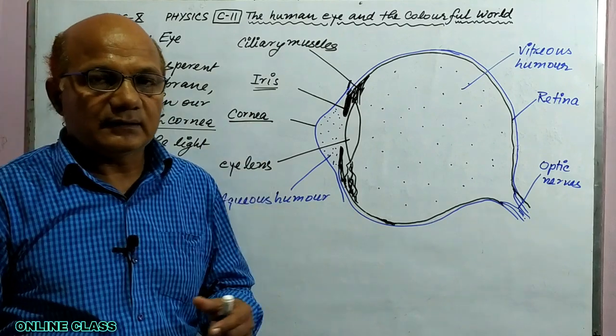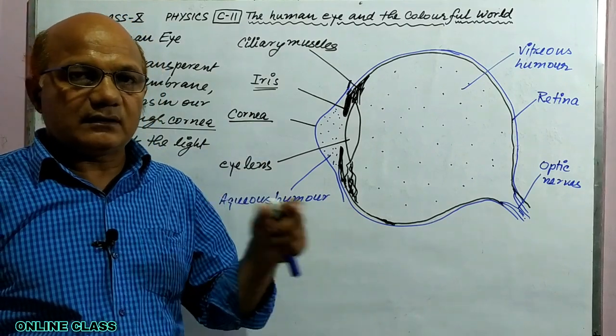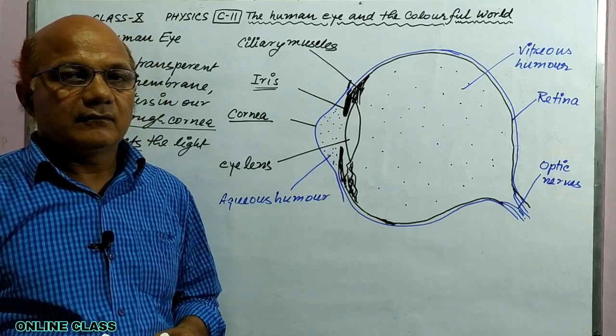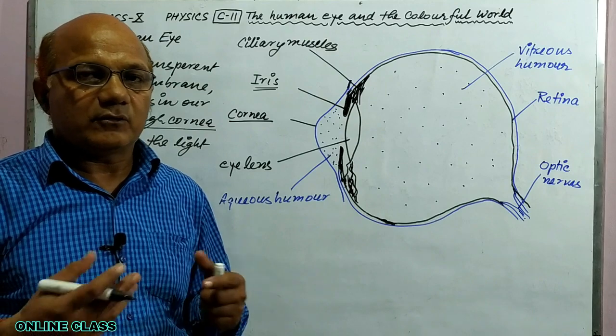In our eye there is a muscular diaphragm which is usually black color or brown color.